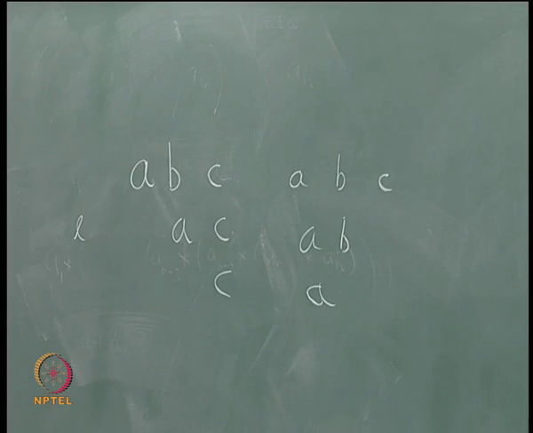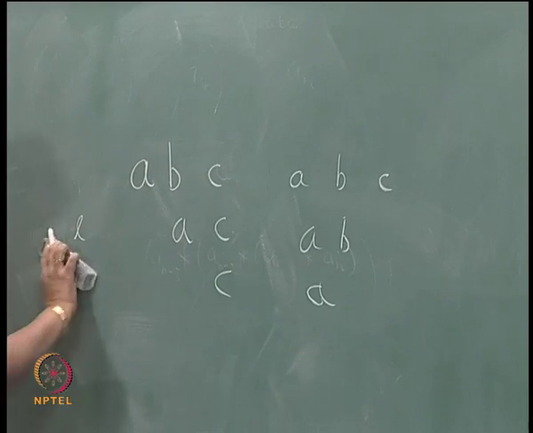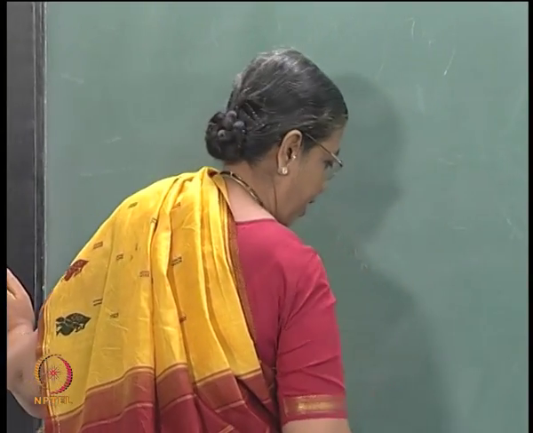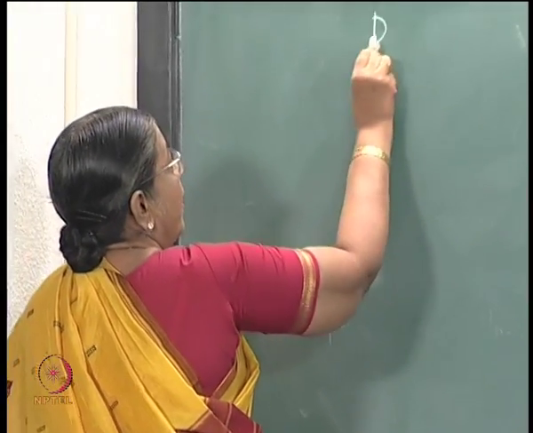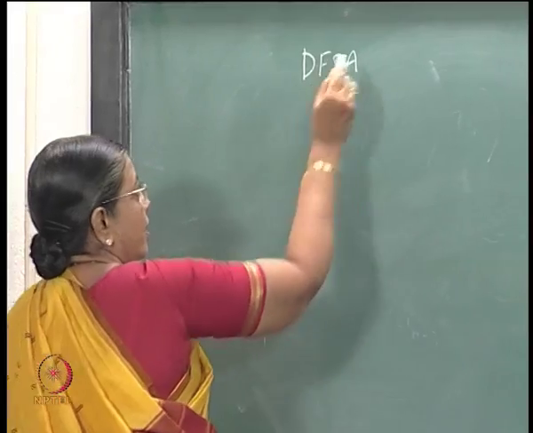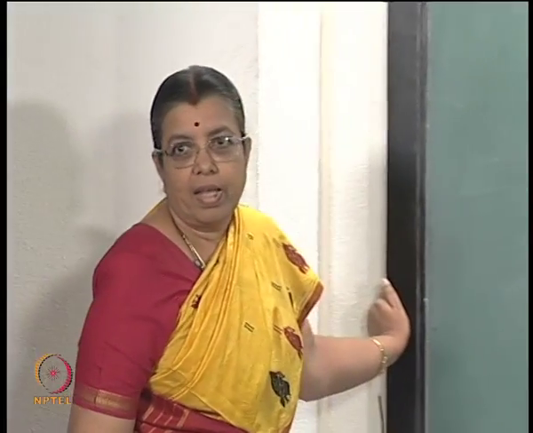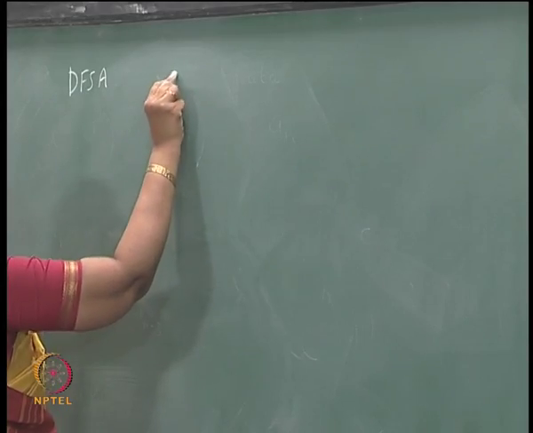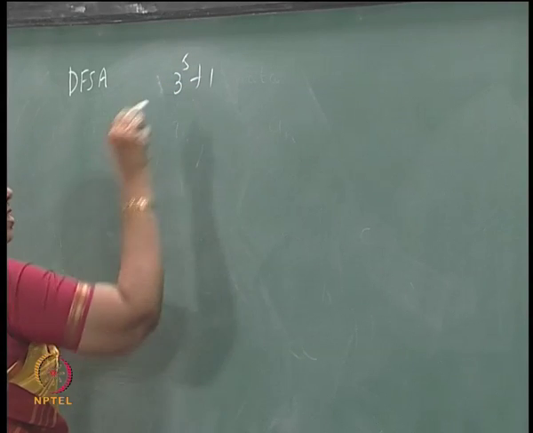Any string which gives you the same value when evaluated from left to right and right to left should be accepted, other strings should not be accepted. How will you describe this with a finite state automaton? You can have a DFSA as follows. The construction is like this. The DFSA will have 3 power 5 plus 1 states.